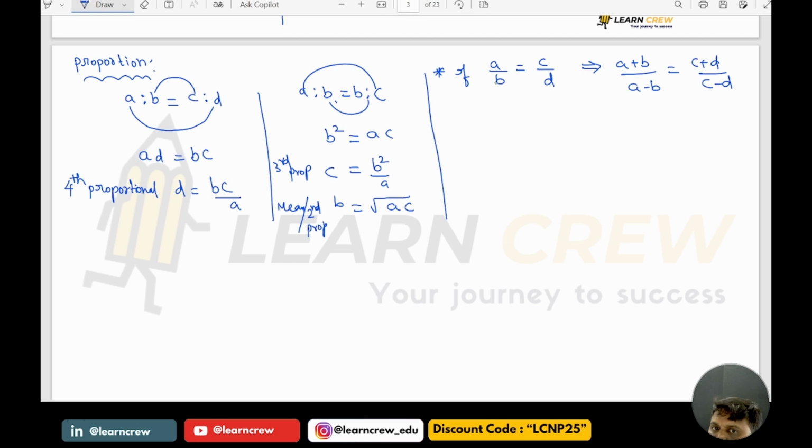For example, 4 by 2 is equal to 6 by 3. 4 plus 2 by 4 minus 2 is equal to 6 plus 3 by 6 minus 3. Satisfied? That's the reason this is an important application, because we will use it in simplifications.